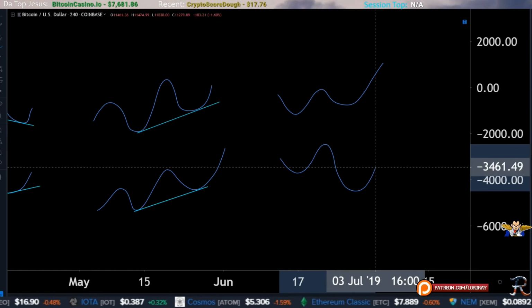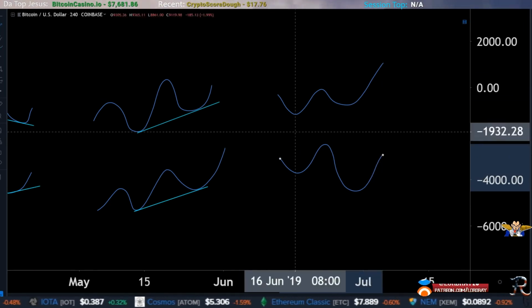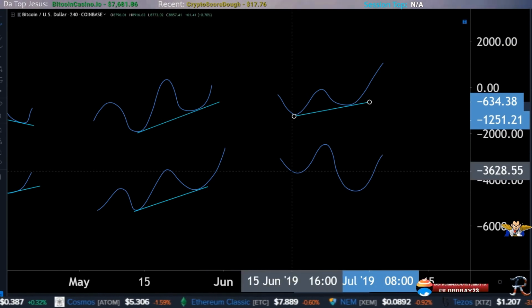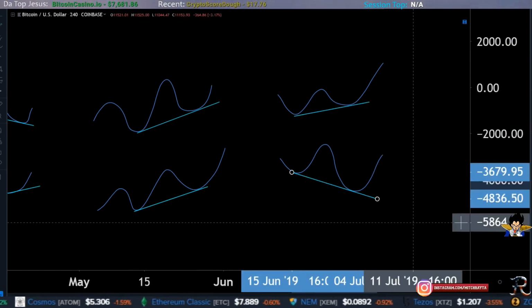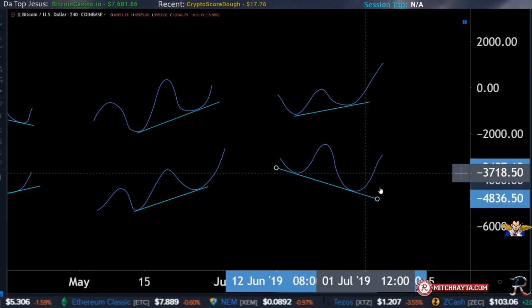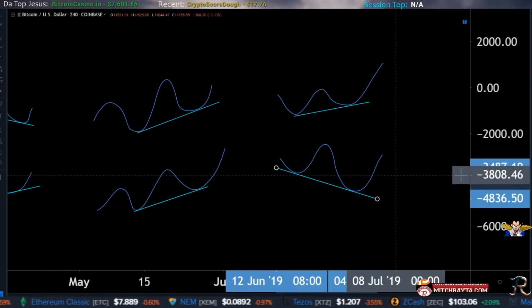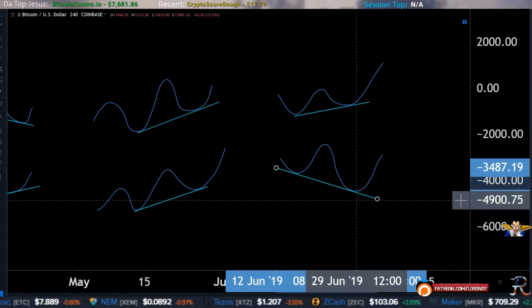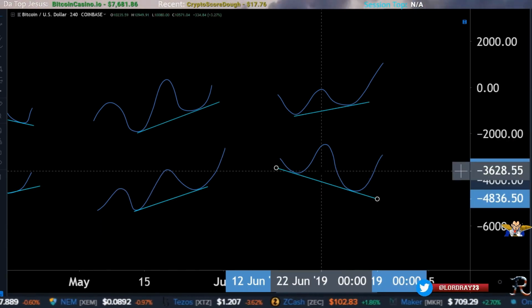So you've got a higher low on price, but somehow a lower low on your oscillator, like your RSI, lower levels of relative strength. And that's hidden bullish divergence when you do that.